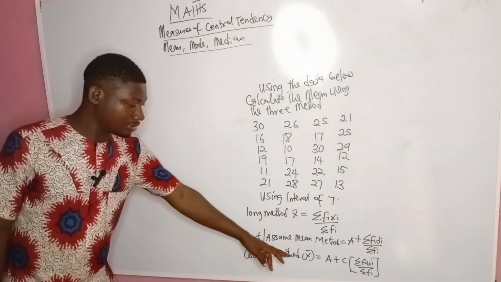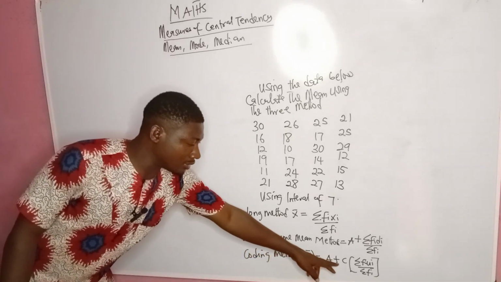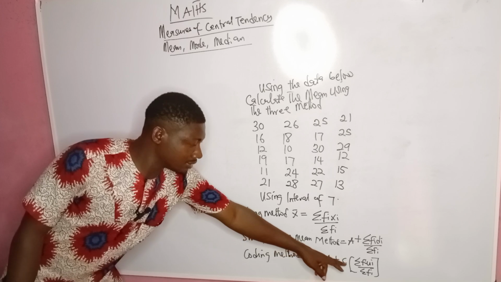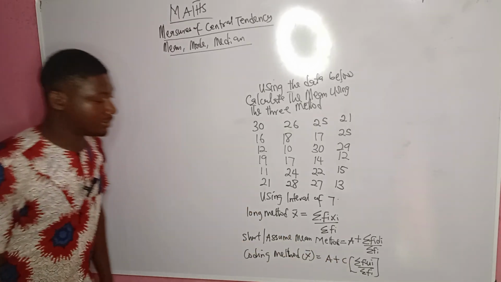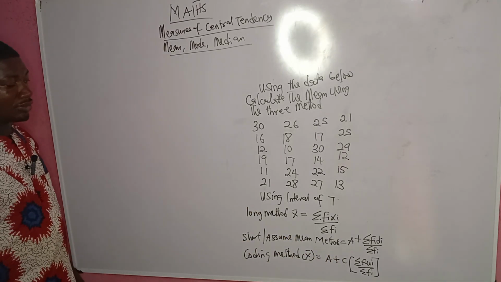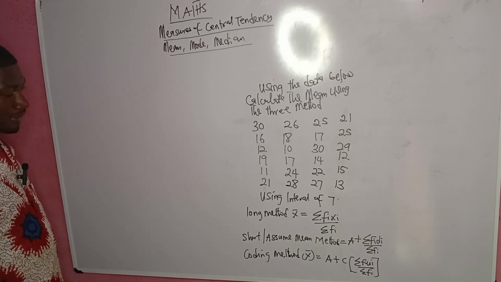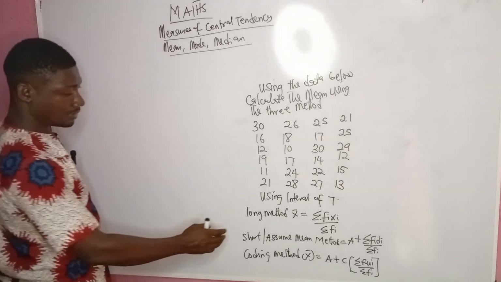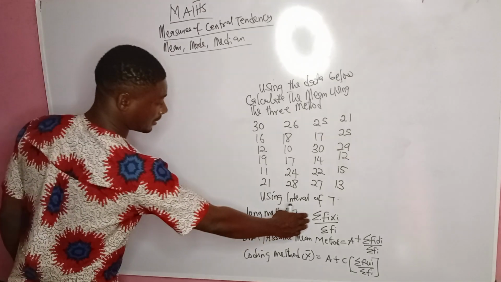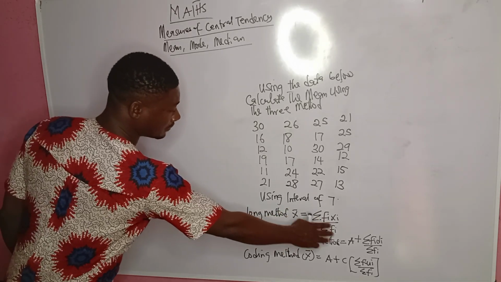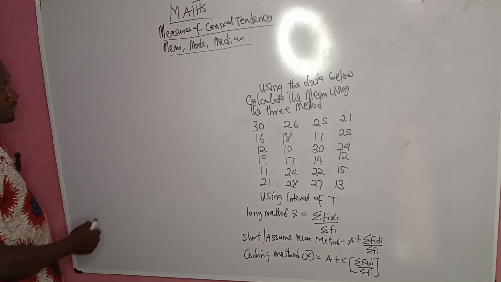And the coding method is assumed mean plus the class size, open bracket, summation fi ui over summation fi. I will be giving the interpretation of each of these alphabets as we proceed.